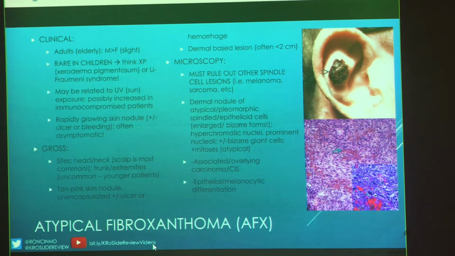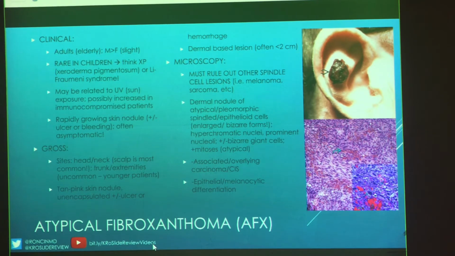And so what we see are very atypical pleomorphic cells like we saw. Some of them may be spindled, some of them epithelioid. They're very hyperchromatic. They may have prominent nucleoli, and you can see those bizarre giant cells. The case that I showed you happened to have a lot of those bizarre giant cells, and you will see a lot of mitotic figures, and the mitotic figures tend to be very atypical.